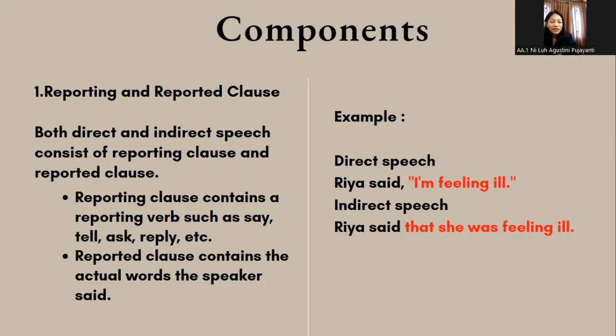The reporting clause is Ria said. In indirect speech, the reporting verb is said too, and the reported clause is that she was feeling ill. Sometimes in formal or literary text, the reporting clause comes in the middle of the reported clause.